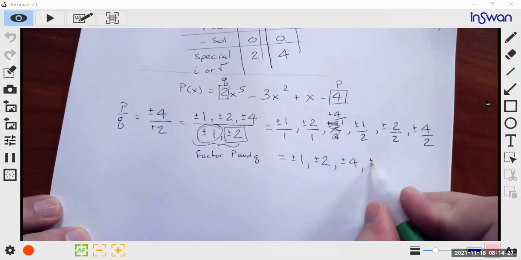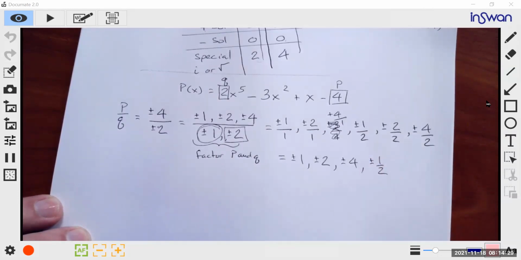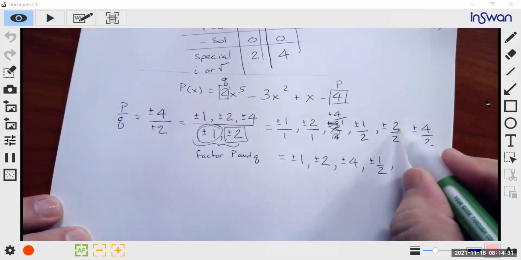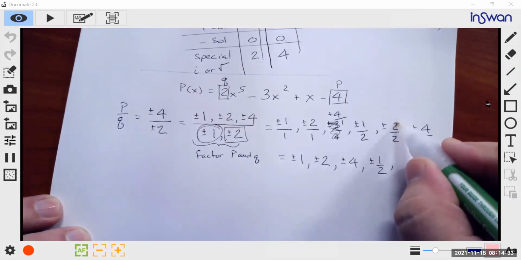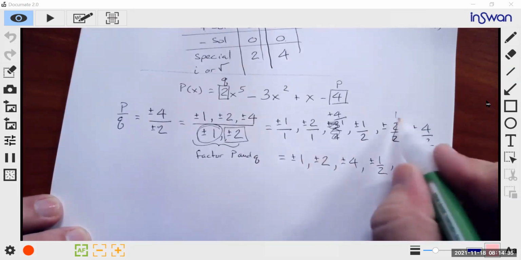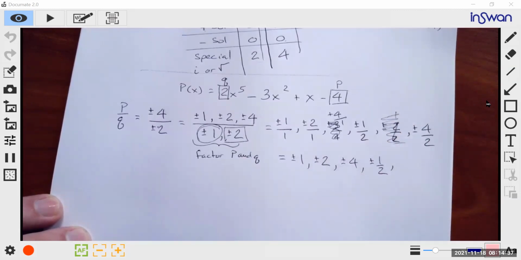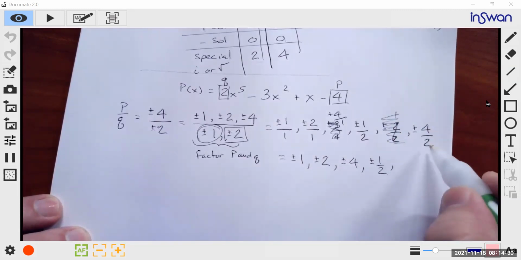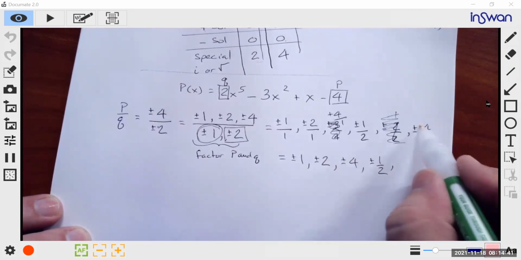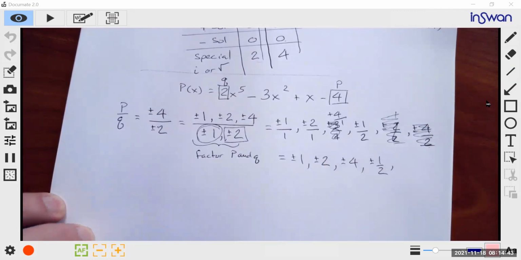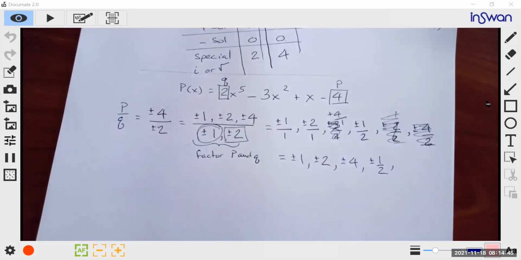And then 1 over 2. 2 over 2 is 1, but we already have 1, so we don't have to worry about this one. 4 divided by 2 is 2. We already have that, so we don't have to worry about that. So we've dropped down to 8 possible answers.